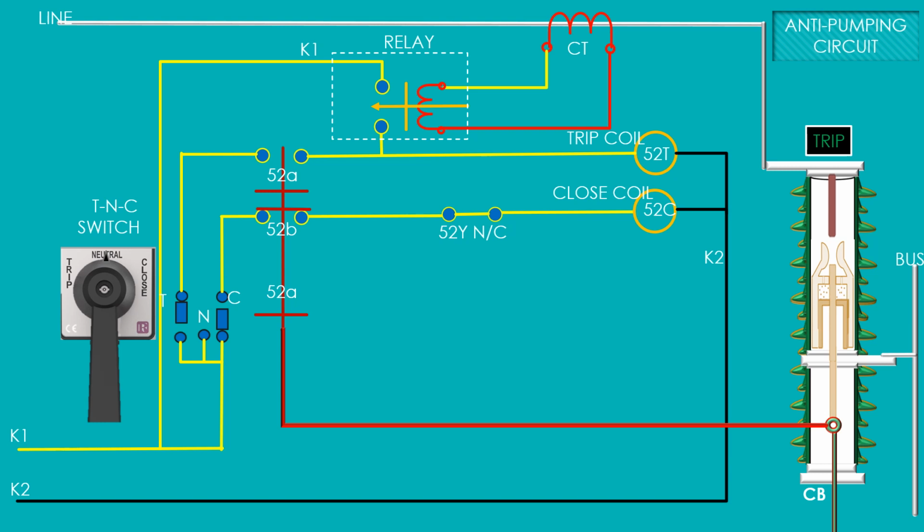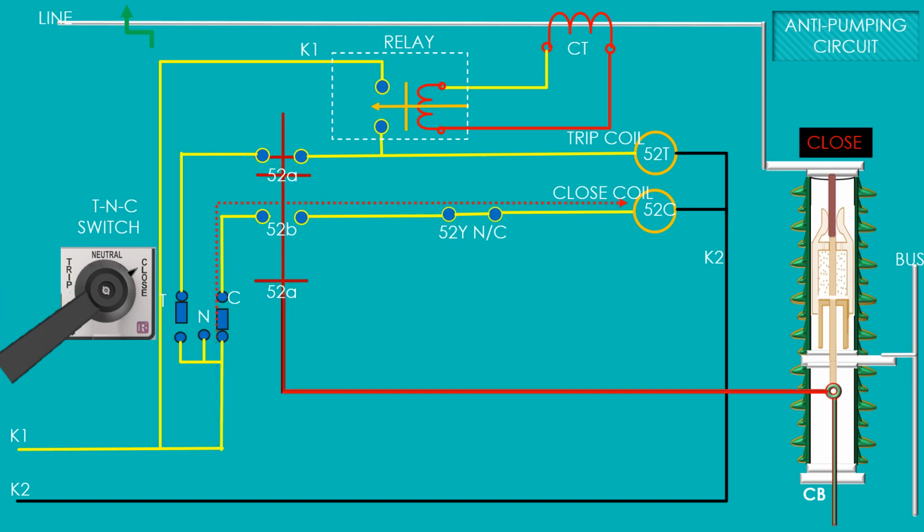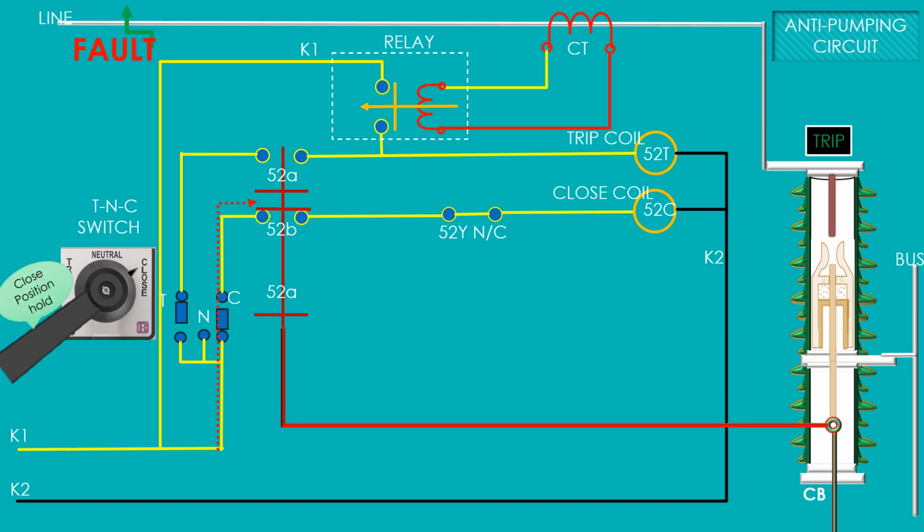Suppose there is no anti-pumping device incorporated with this circuit breaker. Suppose a permanent fault has occurred on the line. If the circuit breaker is closed, it will trip instantly.